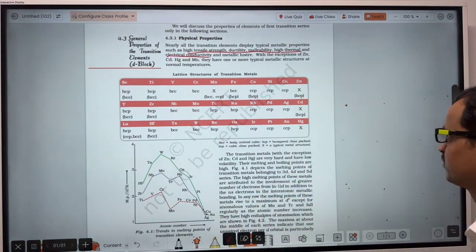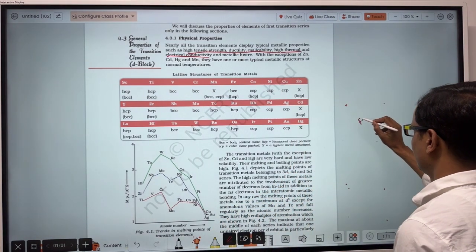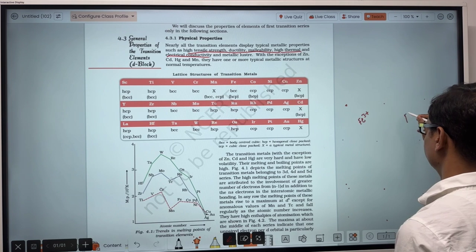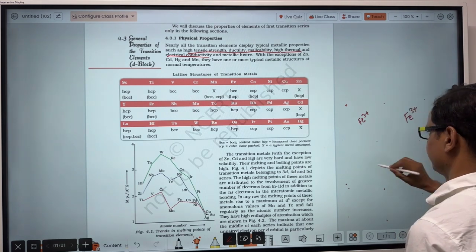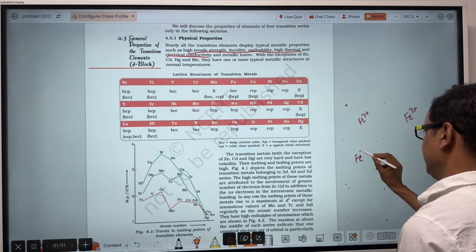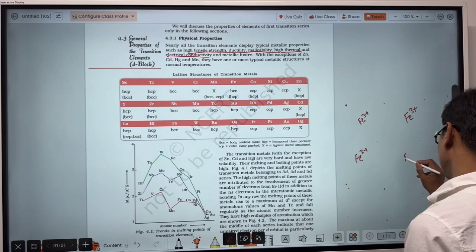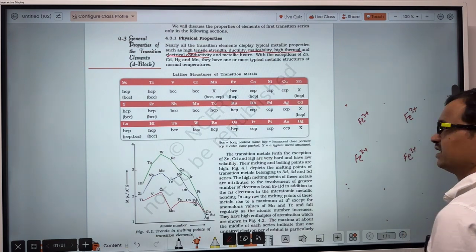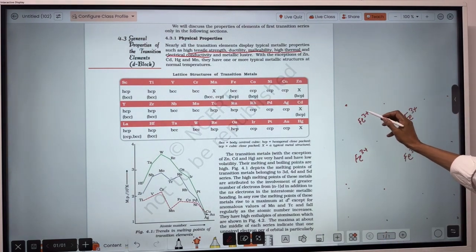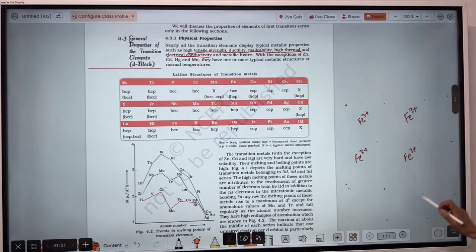In this kernel, it will be Fe3+. In the oxidized form, or if it is inside a solution or in the vapor phase, we call it an ion. But during the course of metallic bond formation, it is called a kernel.